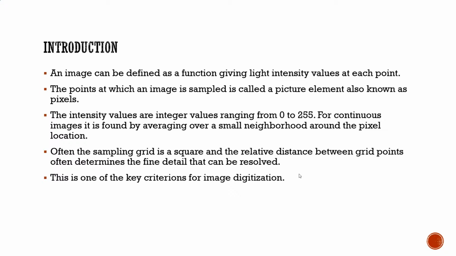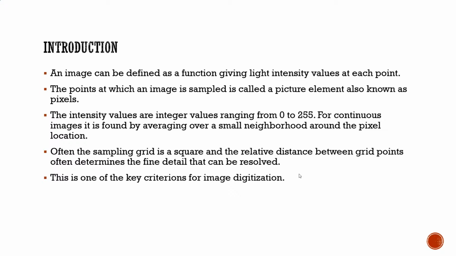So we all are aware that an image can be defined as a function giving light intensity values at each point. The points at which an image is sampled are called picture elements, also known as pixels. The intensity values are integer values ranging from 0 to 255.